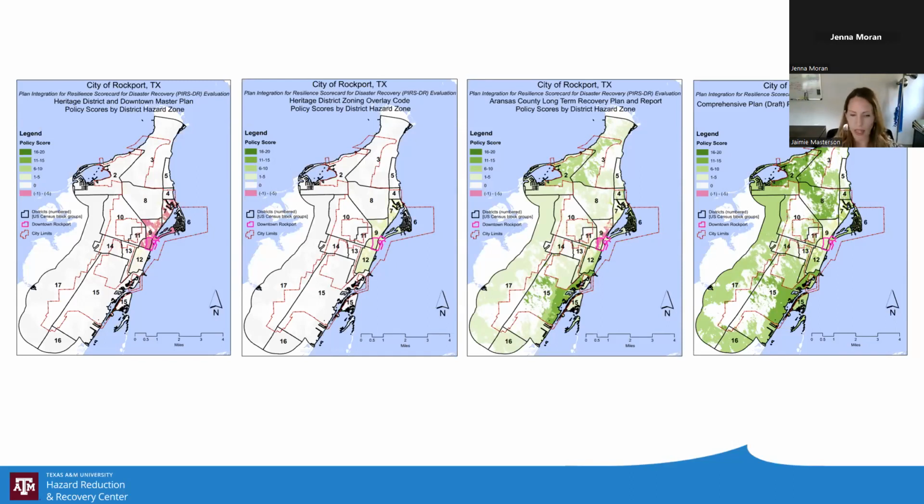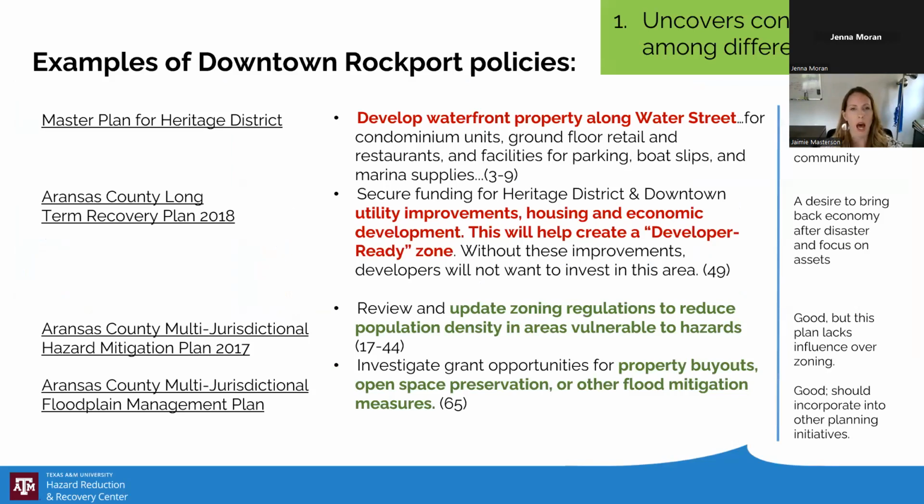But again, the maps are helpful because they can communicate a message, particularly to decision makers. But again, the devil is in the details. And so I'm going to show you here, I believe there are 5 key benefits to looking at your network of plans and integrating your plans.